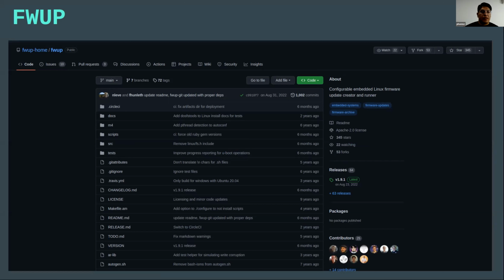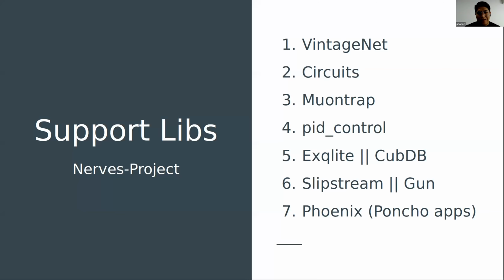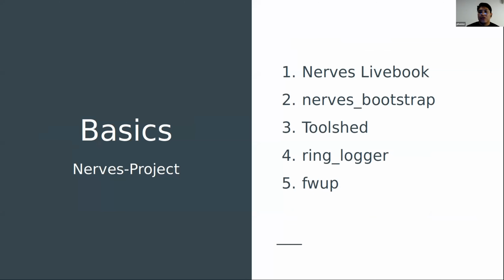So fwup is a really amazing tool to burn easily and fast. And at the end, I will show you some benefits of this. I just needed to talk about Nerves Bootstrap.